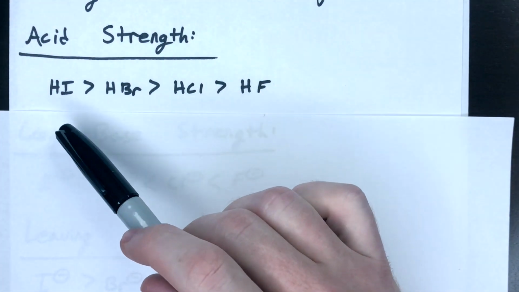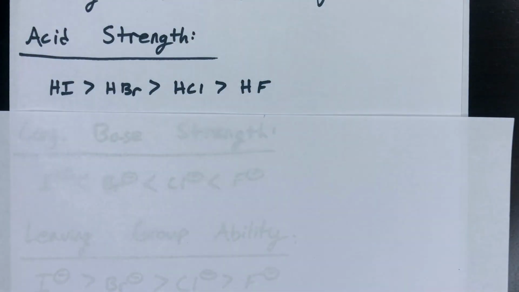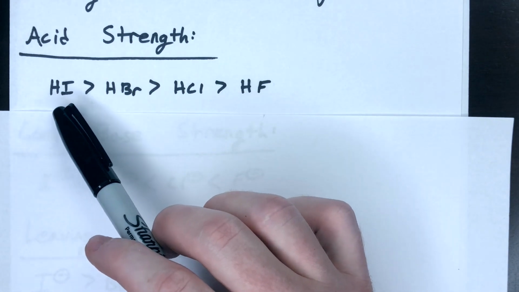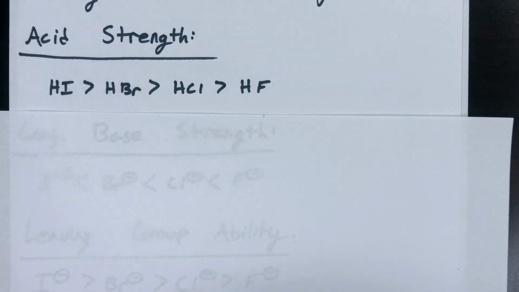The reason for this, we've talked about in the Bronsted-Lowry acid-base video, but there is a large difference in the size between the hydrogen and iodine, and the larger the size difference, the weaker that bond is. So that bond is weak, so it's more likely to function as an acid and donate that proton, the hydrogen atom here.